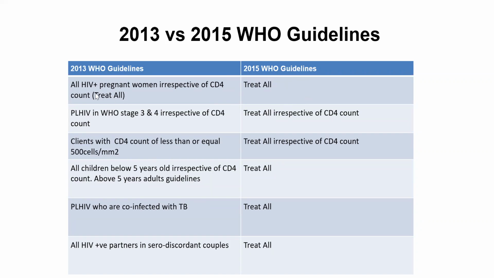But before, in 2013, remember I discussed the issue of WHO stage and CD4 count. We used to treat if the CD4 was less than or equal to 500, or if you're in WHO stage 3 or stage 4. But we are no longer using this criteria. We are now treating everyone who is HIV positive, irrespective of their CD4 count or WHO stage.